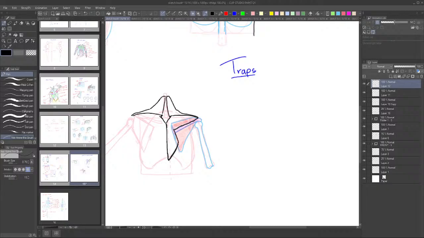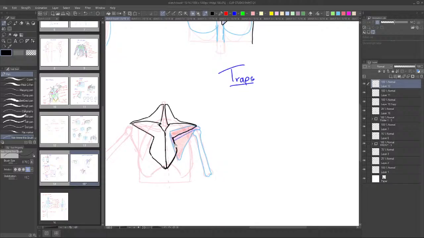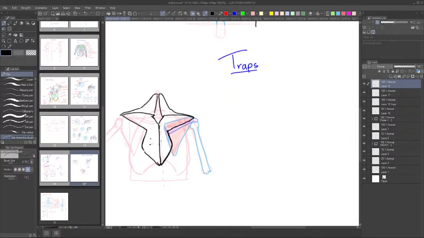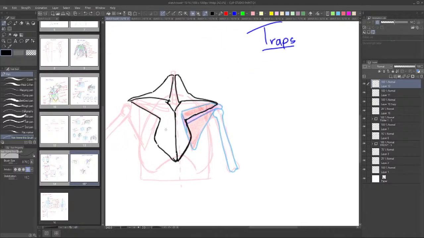Okay. Some of the sort, so traps like that, then close. Remember, these are two sections. They can move independently. Okay, I'm just putting it at a neutral position.